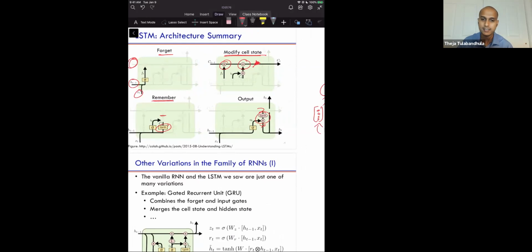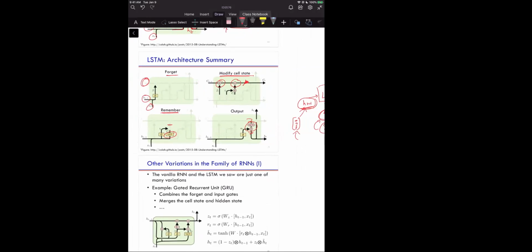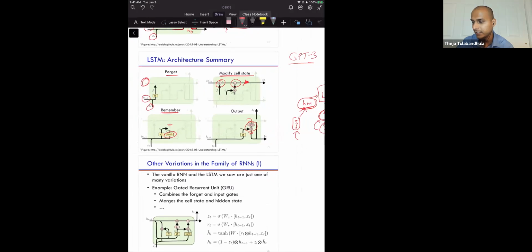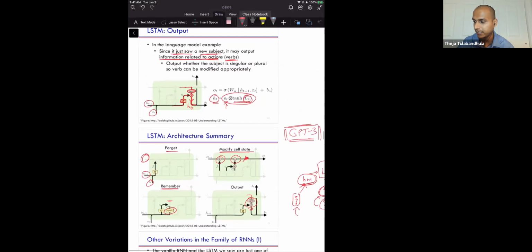You also don't have to use just RNNs as a basis for sequence tasks. Earlier, I wrote the word GPT-3. It doesn't use RNNs; it uses something else, which we're going to discuss in a later lecture. But it's essentially a language model, so it also does sequence modeling.